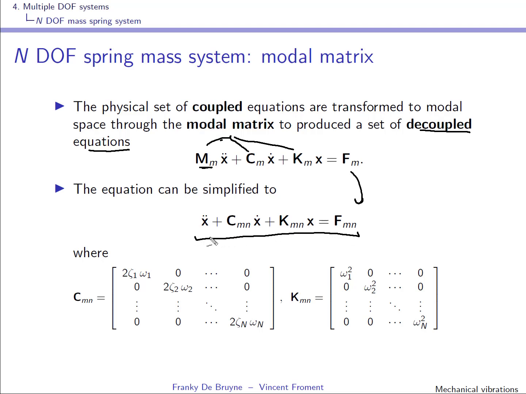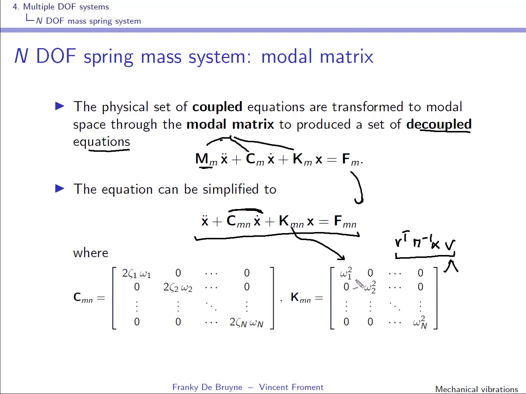And this is the form that we had obtained for the 2 degree of freedom mass, except that we did not have this term over here. And doing that, in this matrix here, which will be V transposed minus 1 k V, well, this is our diagonal matrix with the eigenvalues.